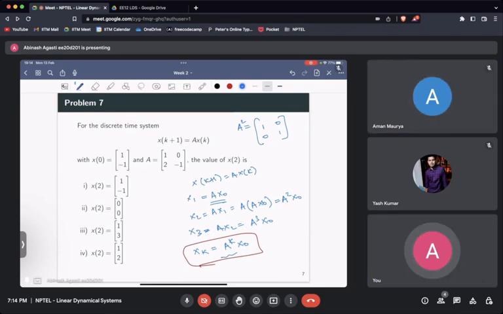Yeah, sure. So this is clearly the identity, and identity into x naught will just be x naught. So that is why we got this as the answer.